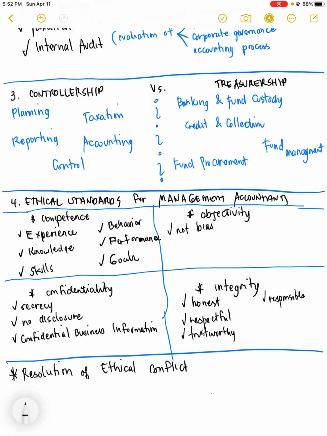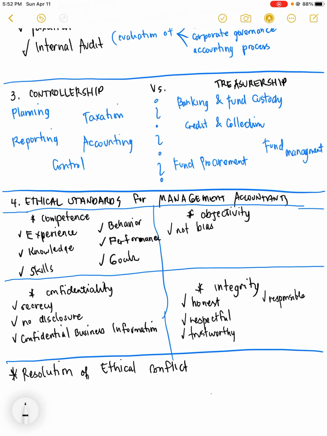Okay, and with respect naman po to confidentiality, yung sinasabi lang dyan, you have to honor the secrecy of the information na nag-gather mo once you are inside the company and even when you go outside the company. Okay, ibig sabihin, you will not disclose whatever you know within the organization. Unless, syempre, the law requires you to disclose it. As in the case kapag you are being summoned by the court to disclose things.